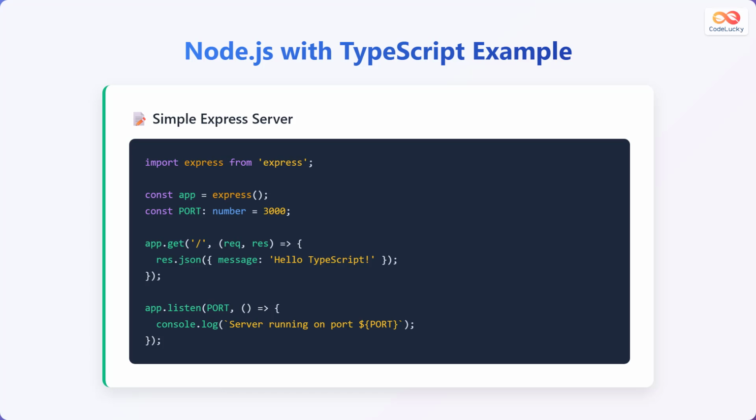Next, app.get("/", (req, res) => { res.json({ message: "Hello TypeScript" }); }). app.listen(port, () => { console.log(`Server running on port ${port}`); }).